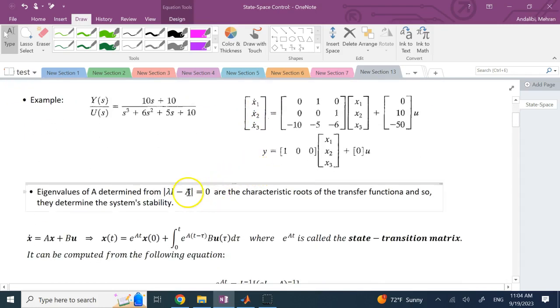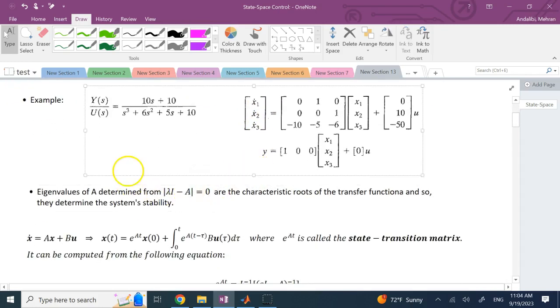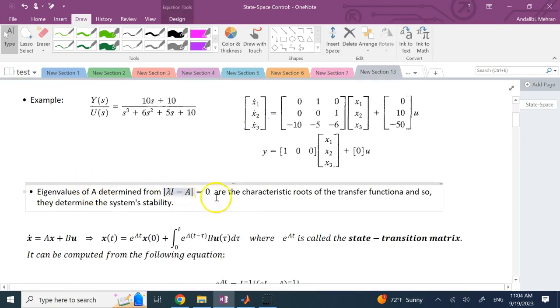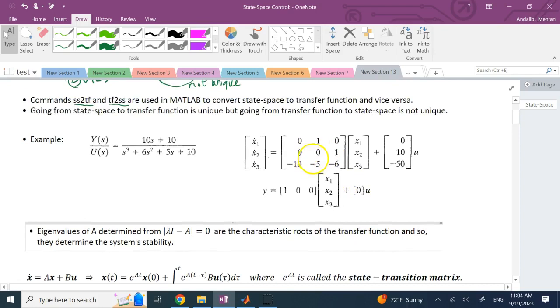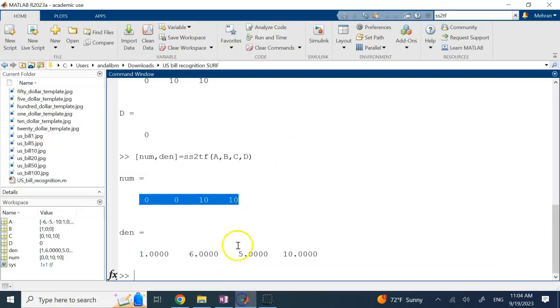Now, as I said, matrix A is very important. It's called the system matrix. The eigenvalues of this matrix are the characteristic roots of the transfer function, and so they determine the system's stability. So in this case, if I go with matrix A and find the eigenvalues of that, let's see what they are.